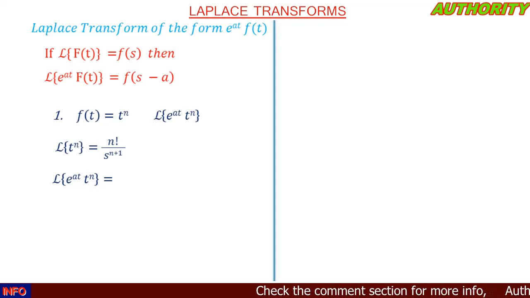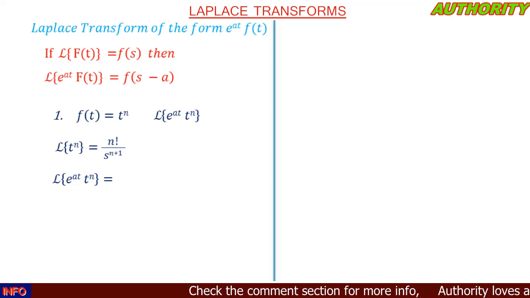In this one we are solving now, we first of all find the Laplace transform of t raised to the power of n, and we say that it is n factorial all over s raised to the power of n plus 1, right? Good. Now, what if you have this function multiplied by e raised to the power of at, what is it going to give you?